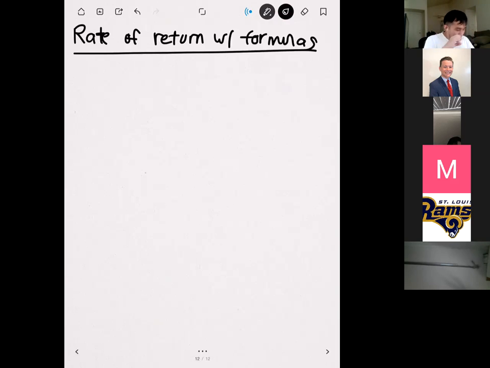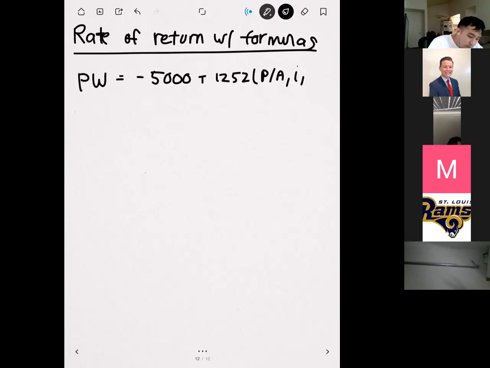Okay. And so let's set up our same thing. So we can say that the present worth of our loans is minus 5,000 plus 1,252 times (P/A, i, 5%).